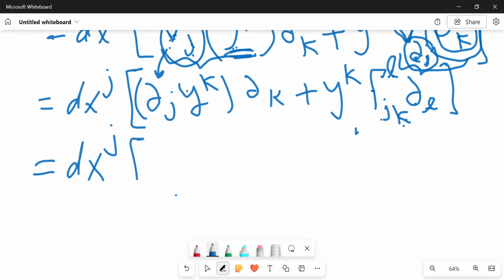dxj bracket. What do we have here? We have k and k. Here we have dl, also l. I have to make them the same to take out a common factor. This is a dummy index, L or K. So either you change it to L or K. We are used to IJK, so we change this one to K, this one to K. Take the K out. So what do we have?